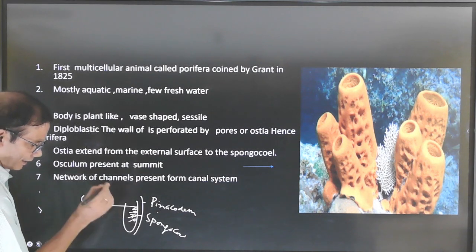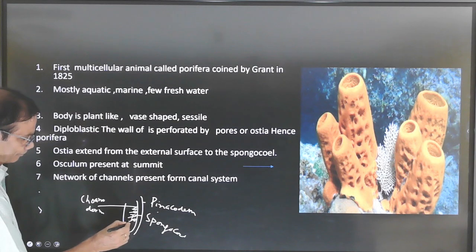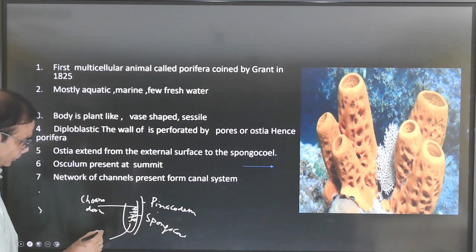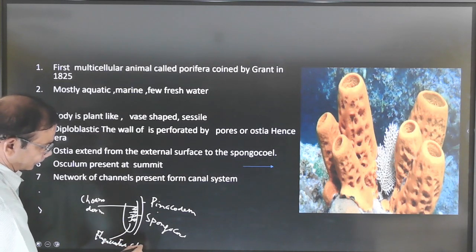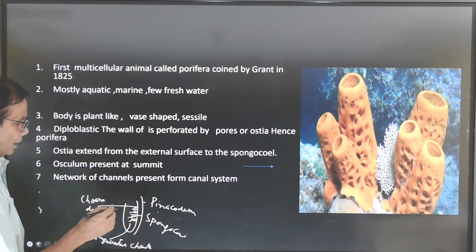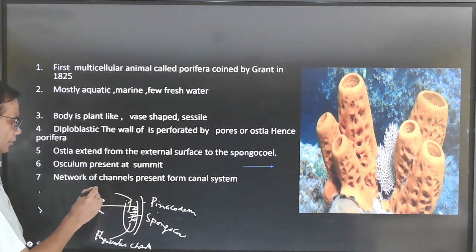As these cells are present here, this portion is called the flagellated chamber. And all this structure is called spongocoel.